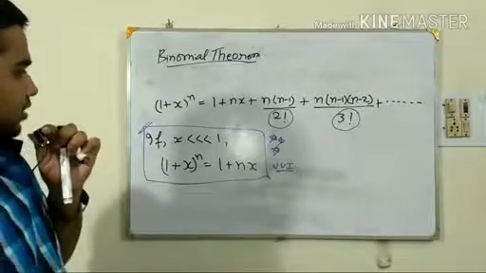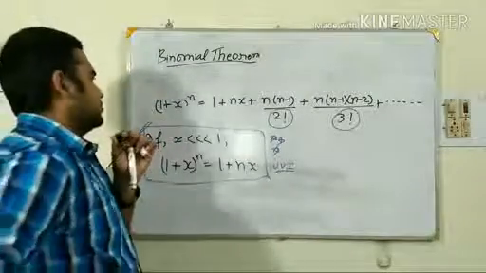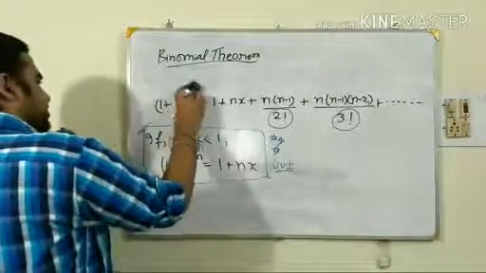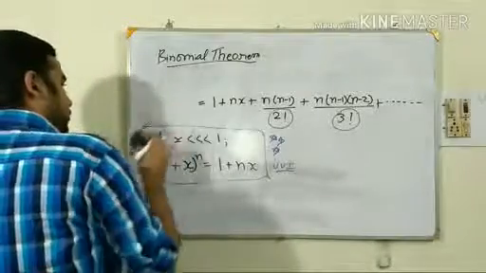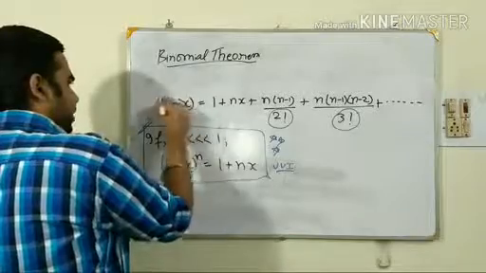Now we will see the same binomial equation in subtraction form. Here it will be 1 minus x to the power n.